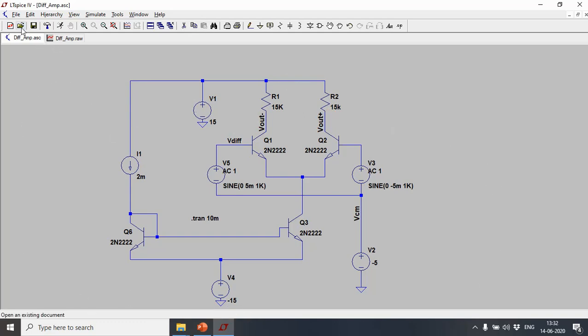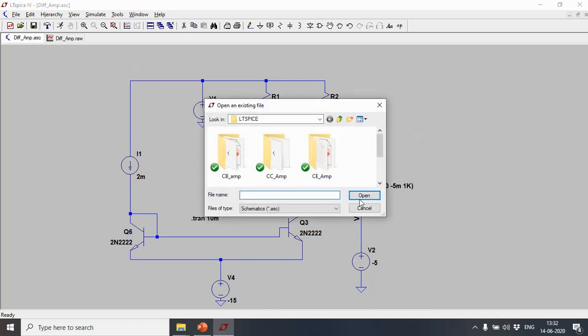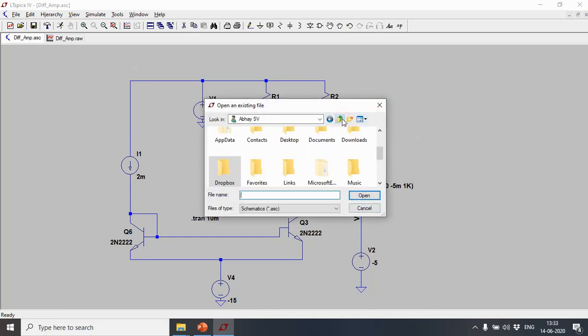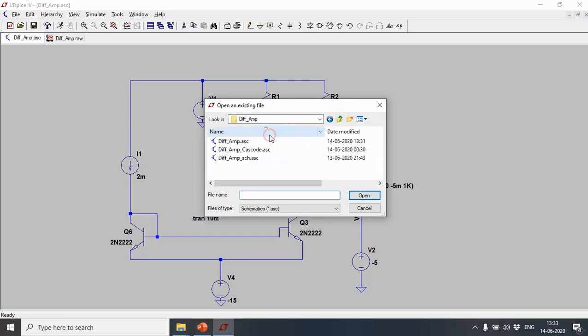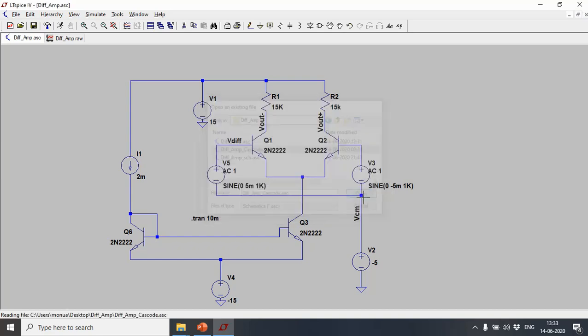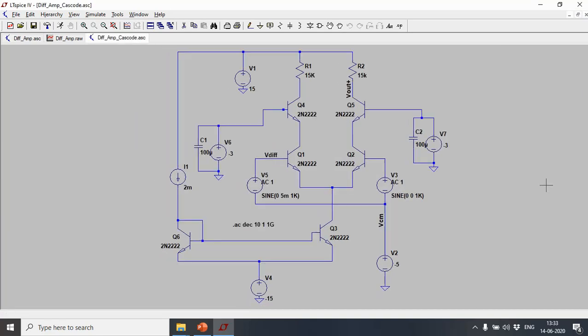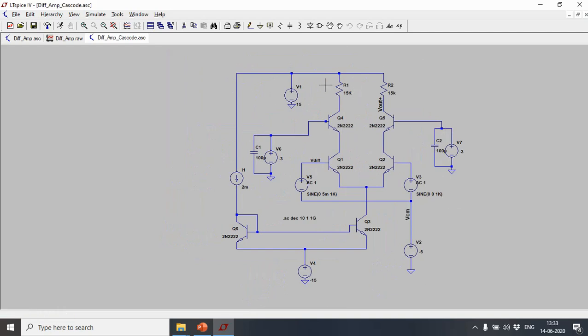Okay, let me just show you one more circuit here. Differential amplifier cascade, right? This is the cascade amplifier.